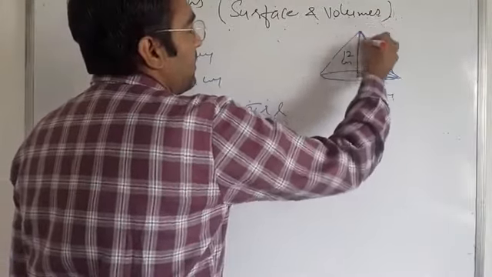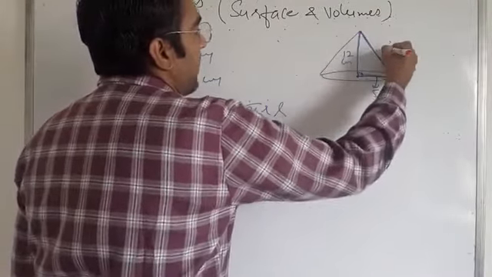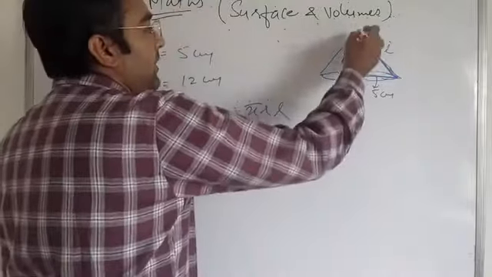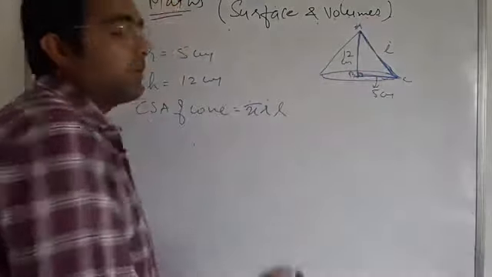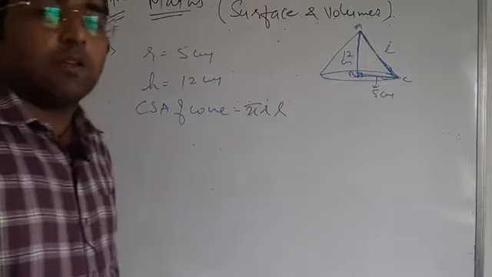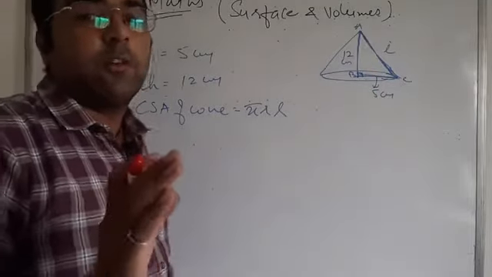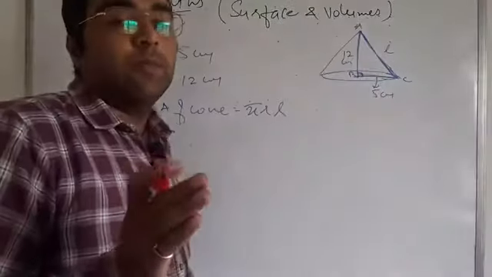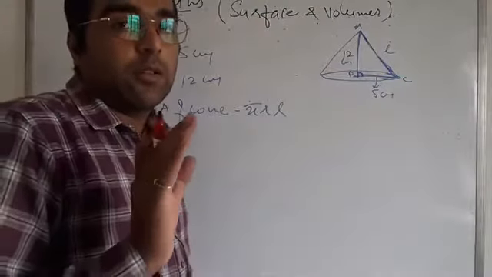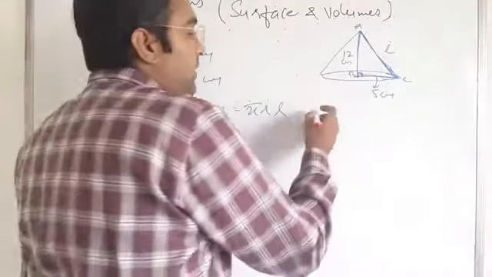So as per the data, what is my slant height? We have to use Pythagoras to solve this question. Students, all of you know the Pythagoras theorem. What is the Pythagoras theorem?